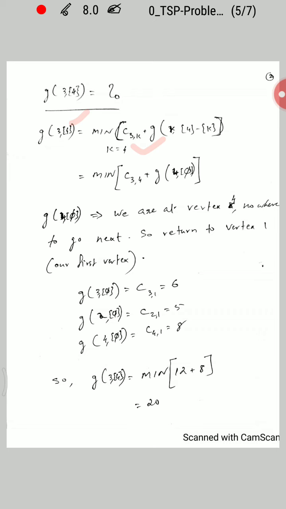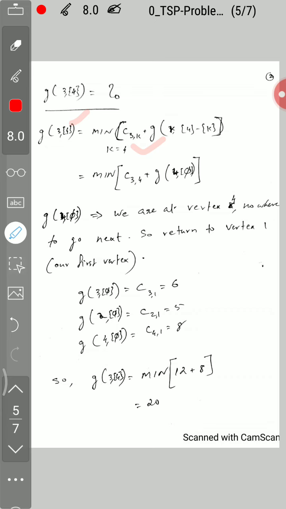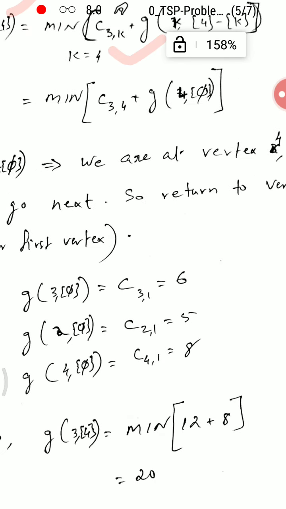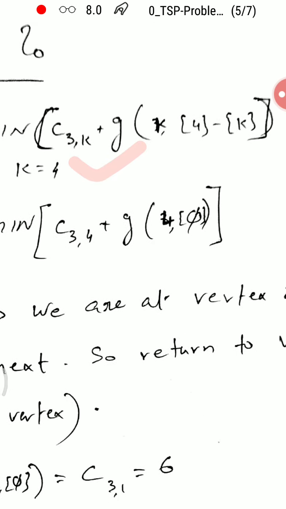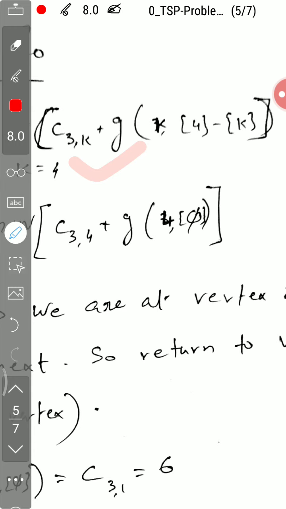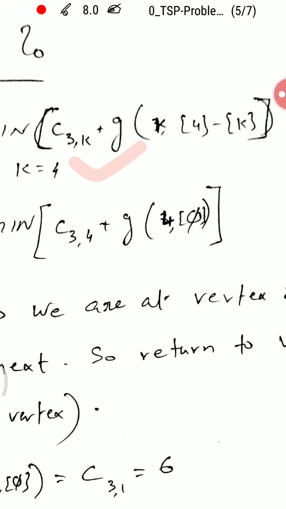So c(3,4), that is nothing but the cost of the edge 3 4, then g(4, null set) you are getting here. Why are you getting a null set? Because here k is equal to 4, and you are subtracting set 4 minus set 4, so that is why you are getting the null set.